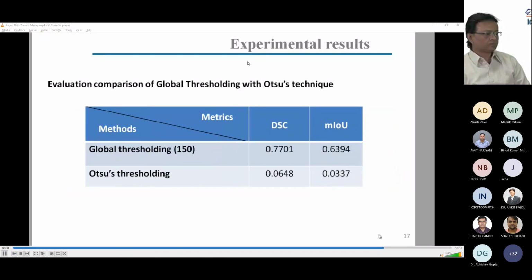When applying Otsu's technique on the same dataset, it provided inaccurate performance since the average of DSC and mean IU were very low. This can be explained by the fact that the automatic selection of threshold value by Otsu's technique does not provide the intensity value of the basal ganglia region, which is not the case for our proposal that searches first of all for the intensity value of this region and then applies global thresholding with an exact threshold value.